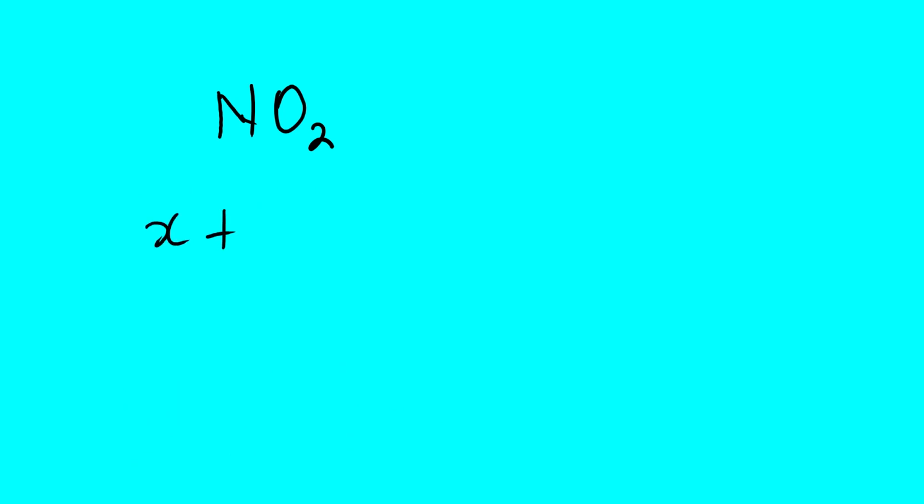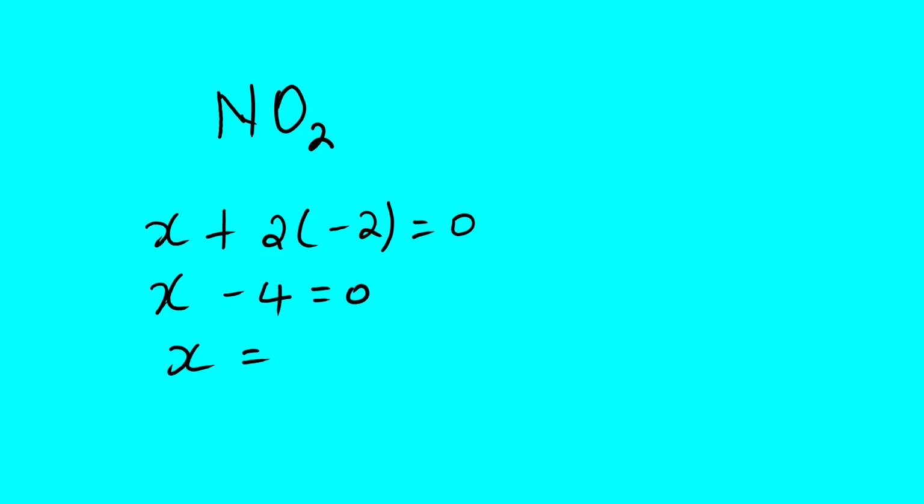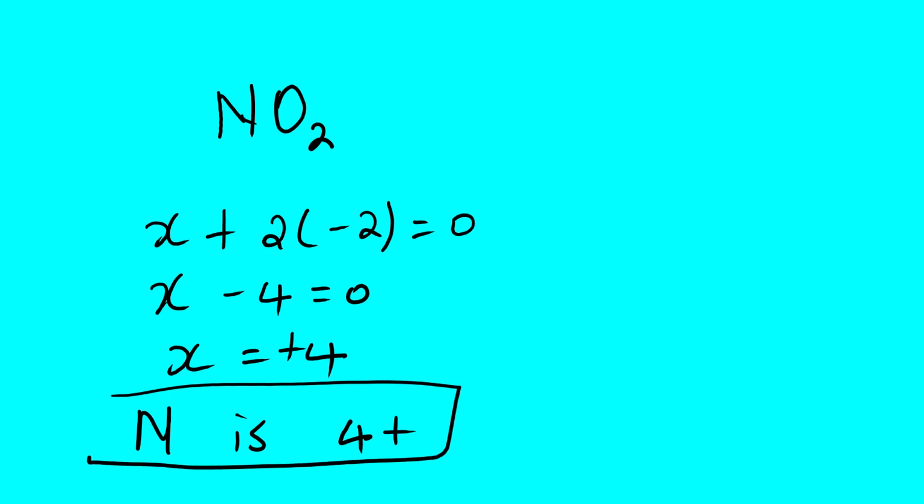It's x plus 2 times negative 2 equals 0. X minus 4 equals 0, so x equals 4. So nitrogen in this compound is 4 plus. You can see that it depends on which compound nitrogen is in. For ammonia it's 3 minus, but for this one it's 4 plus.